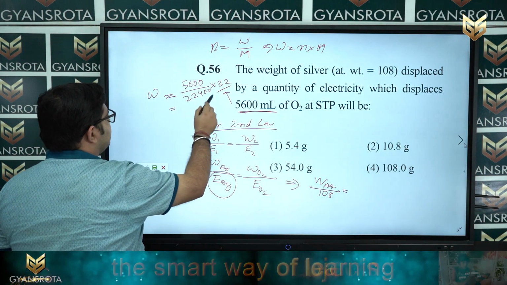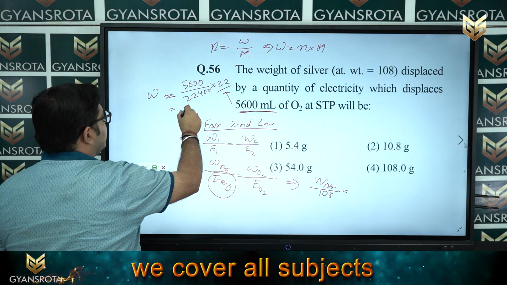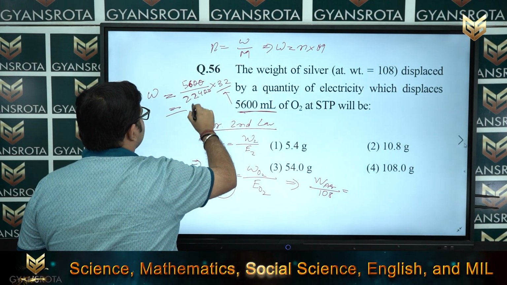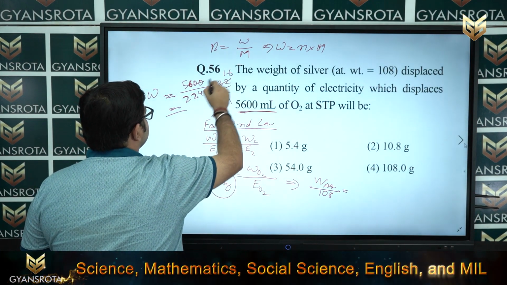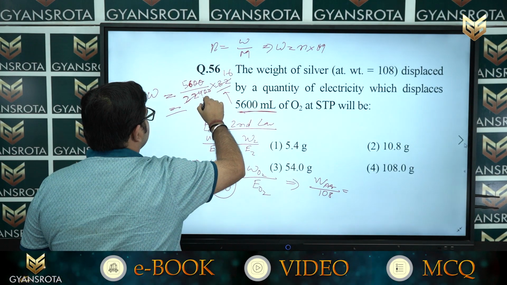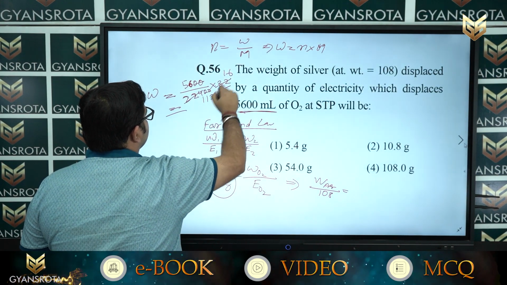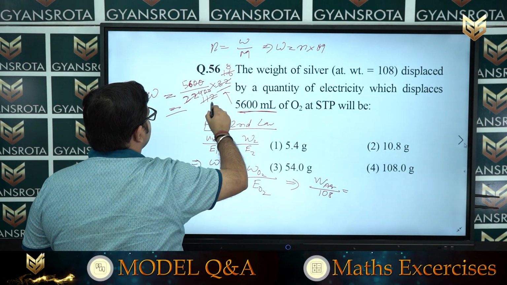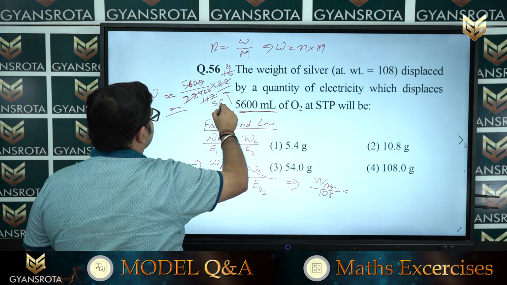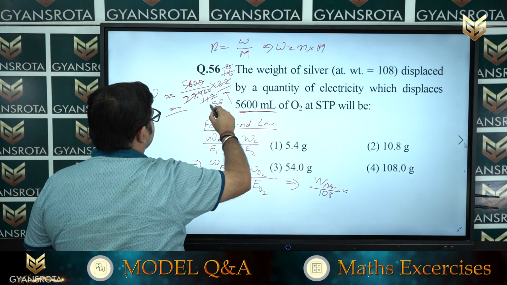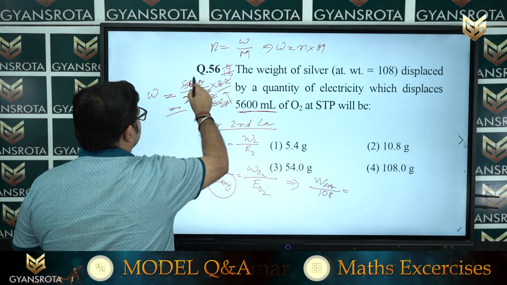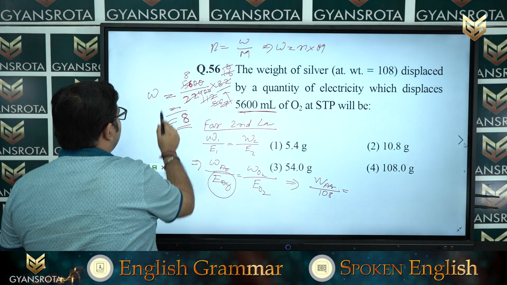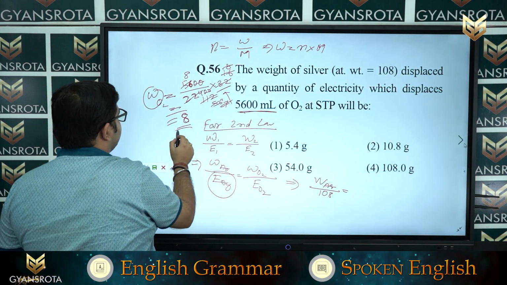Now if you do the multiplication here, you end up with the answer of 8. So the weight of O2 will be coming as 8 gram.